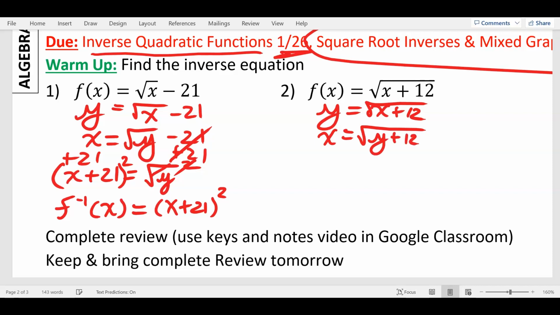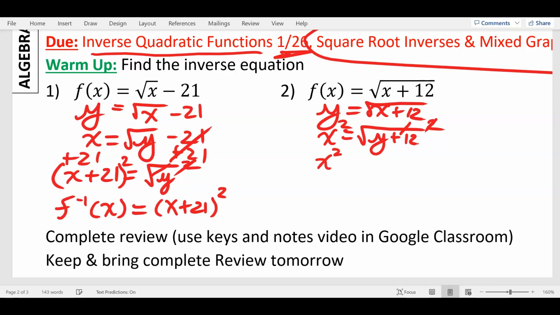Now, everyone, square both sides, and it's going to cancel out that square root. So I square the left side, it's going to be x squared. Okay? Now, let me rewrite this.